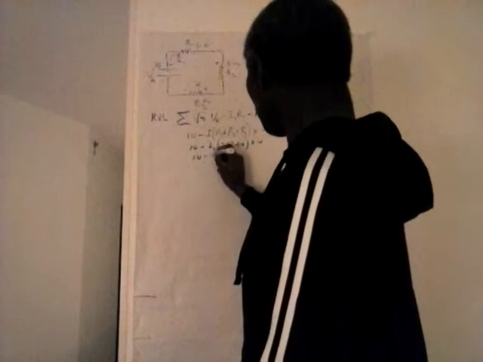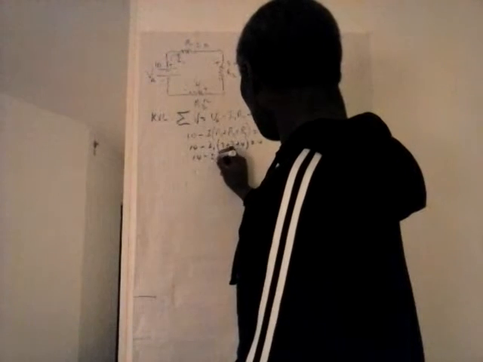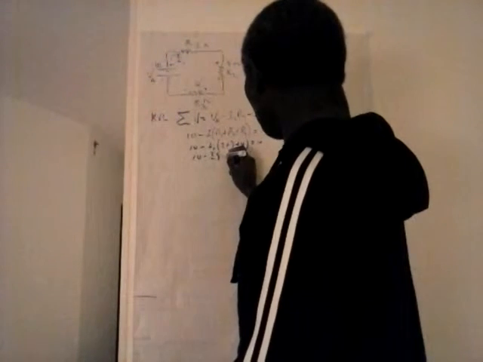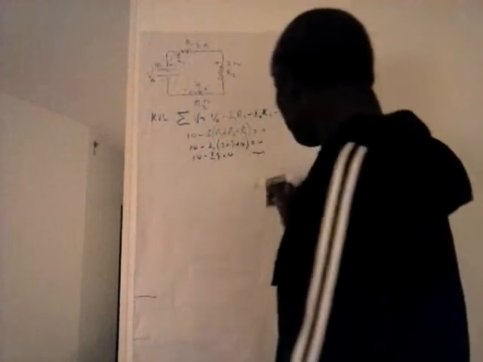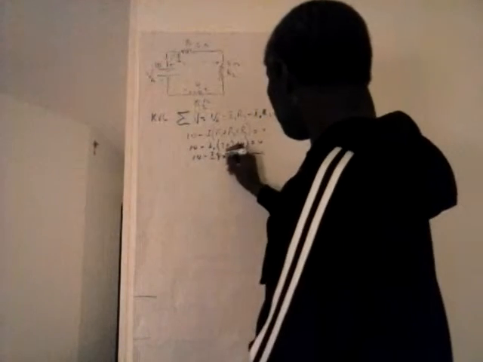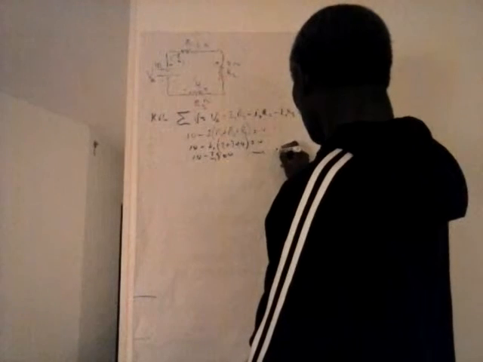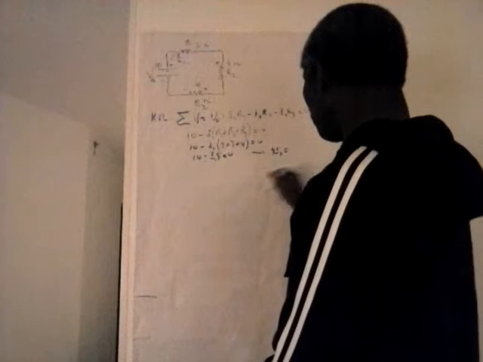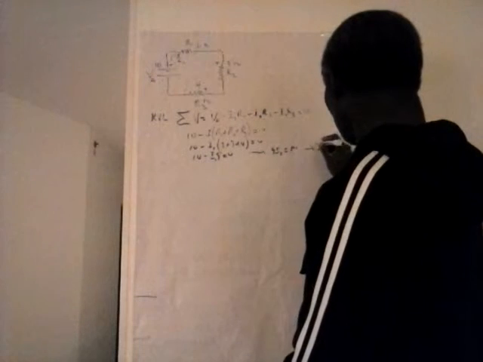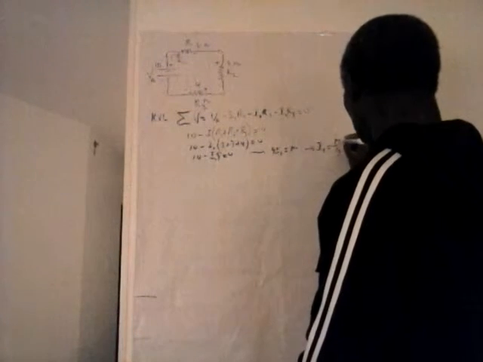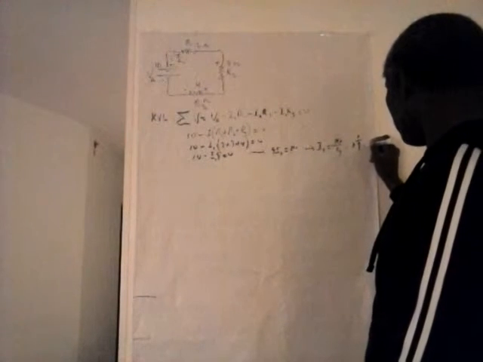And therefore 10 minus I1 times 9 is equal to 0, and therefore 9 I1 is equal to 10, which gives rise to I1 equals 10 over 9, which is equal to 1 and 1/9 amps.